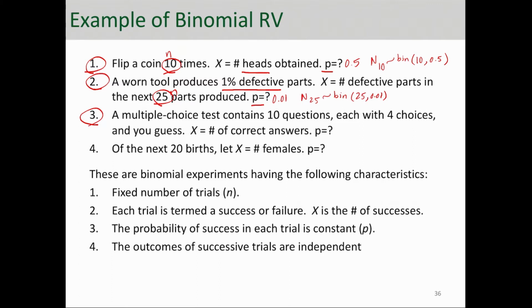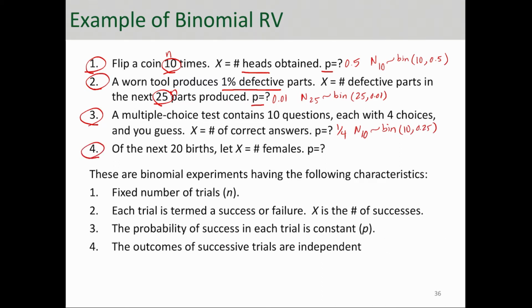Probability of success is 1/4, right, or 25%. And the random variable of this experiment is N10, 10 questions, that follows a binomial with n equals 10 and p equals 25%.